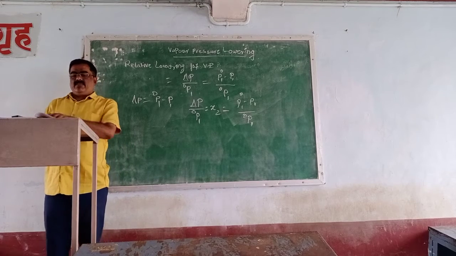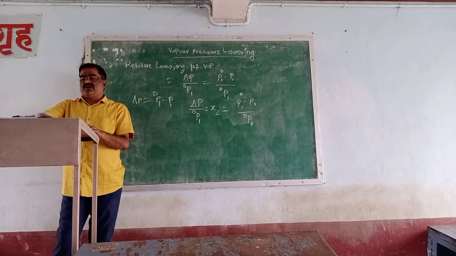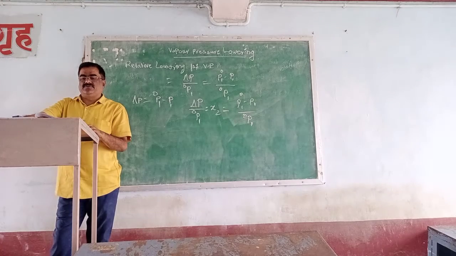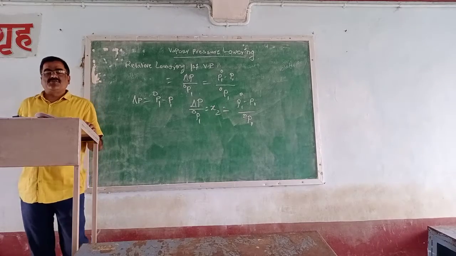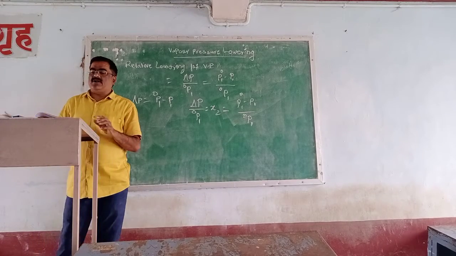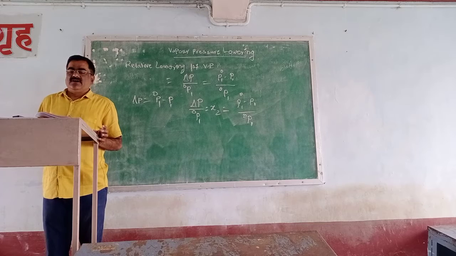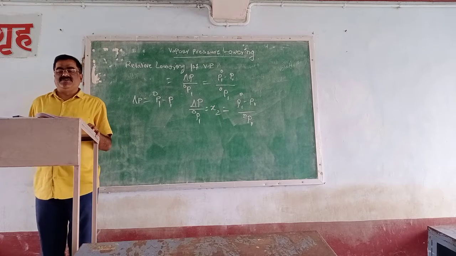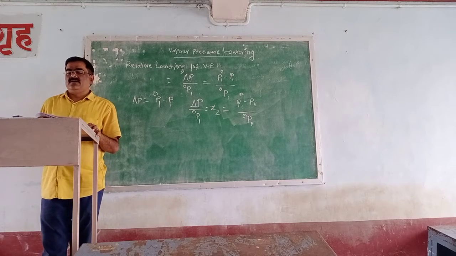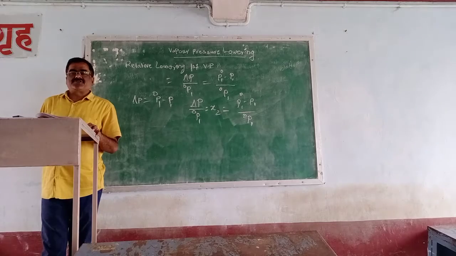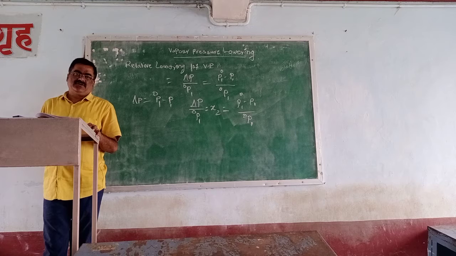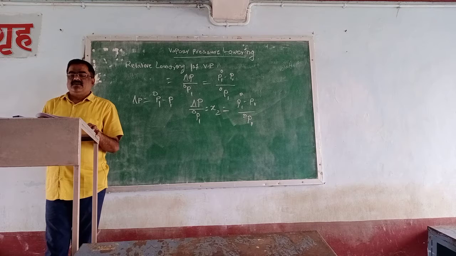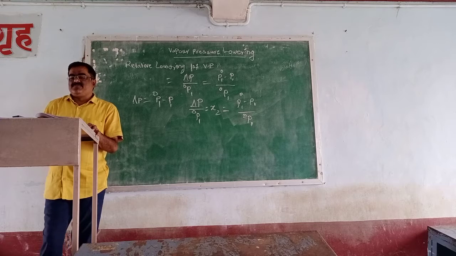For the solution of a non-volatile solute, we can say that for a binary solution containing one solute, x1 is equal to 1 minus x2. It therefore follows that P1 is equal to P1 naught x1, and instead of x1 we put 1 minus x2 in Raoult's law.